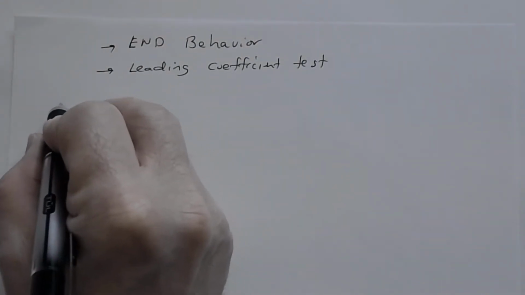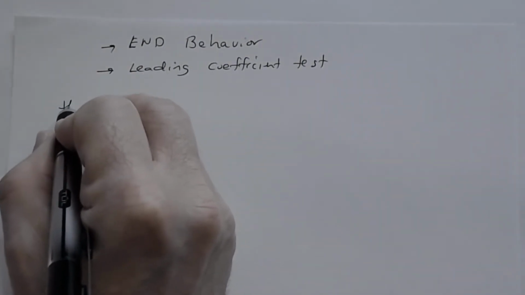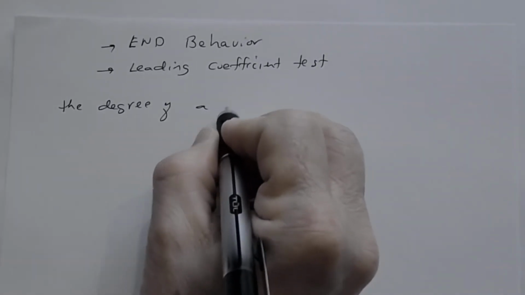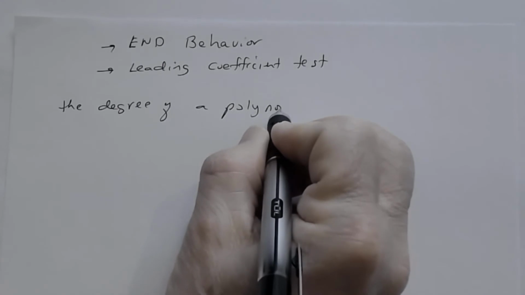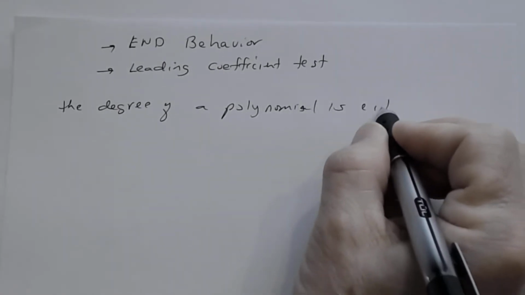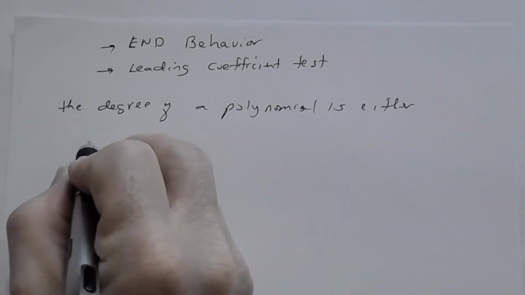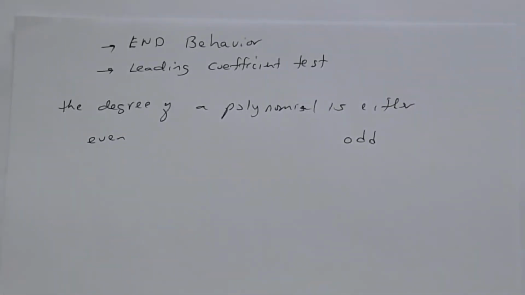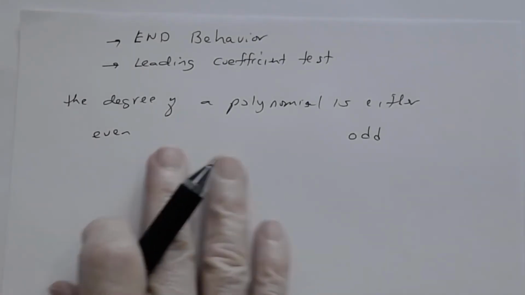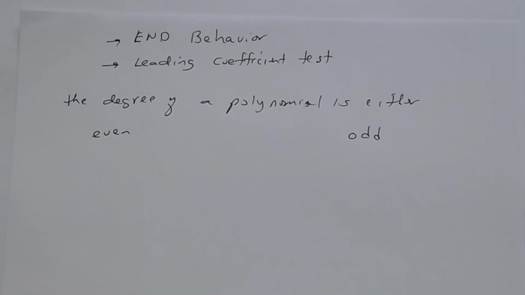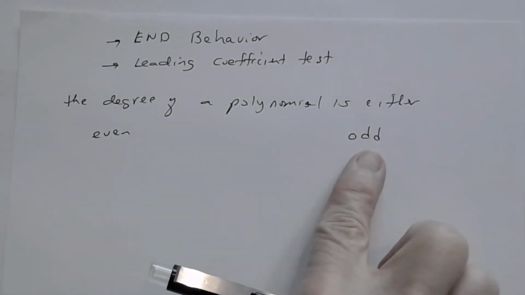The degree of a polynomial is either even or odd. And notice I left some space here because I may need some space as we go through the discussion.